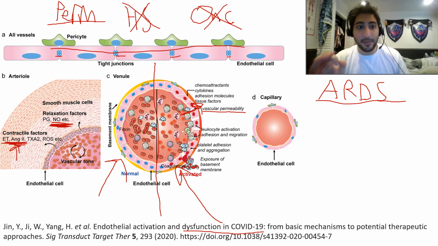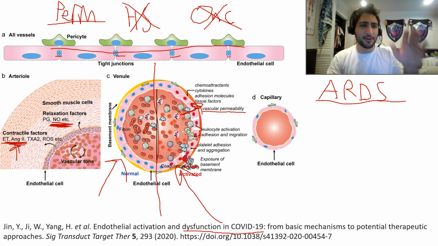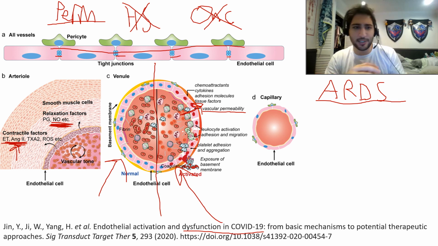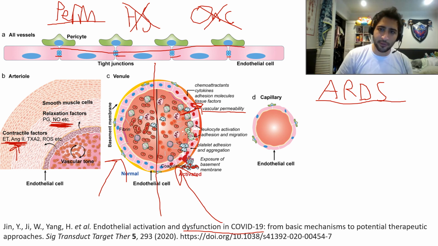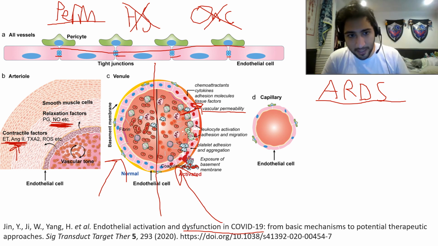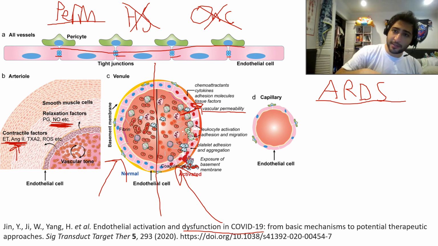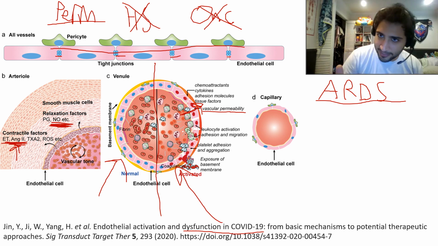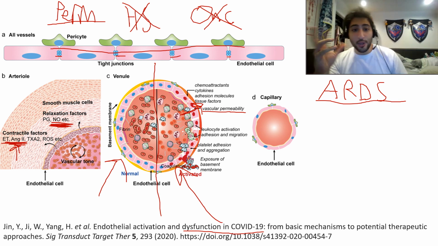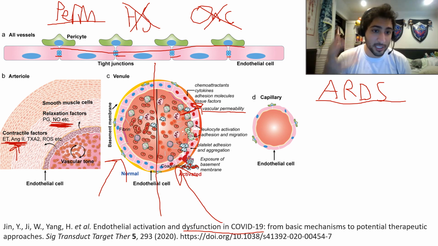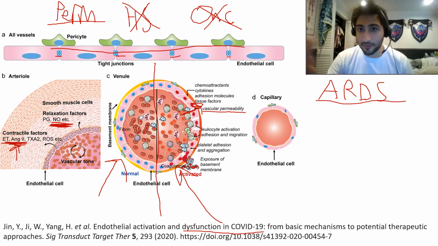Normally, the endothelium expresses these relaxation factors. There's a balance between contraction and relaxation. You don't have this inflammatory process. You don't have exposure of the subendothelium. An activated endothelium, whether it's from a direct, like traumatic injury, or inflammation, you get exposure for one reason or another. You get exposure of the basement membrane, and exposure of the basement membrane causes clotting, right?